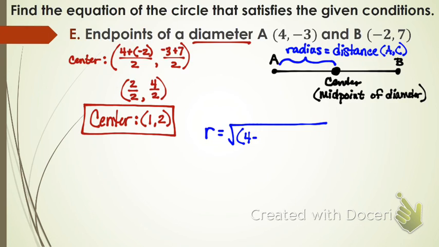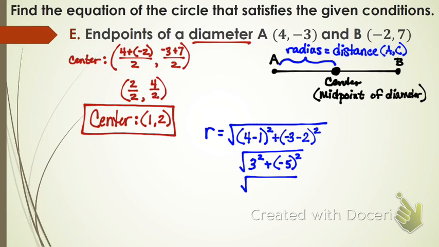So I'm going to do 4 minus 1 squared plus y2, -3, minus y1, which is 2, squared. Well, 4 minus 1 is 3. This is going to be -5. So I have 9 plus 25. What's 9 plus 25? 34.